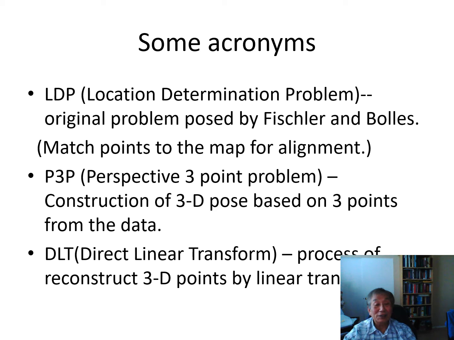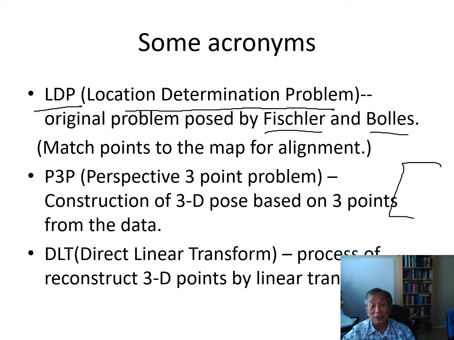So in here, one of the things used is the LDP, that is the location determination problem. Fischler and Bolles said, here we have a partial map. Like when you go to Google Maps and there is a certain area, and I don't know where it is. Then you start checking against the overall picture with random samples.